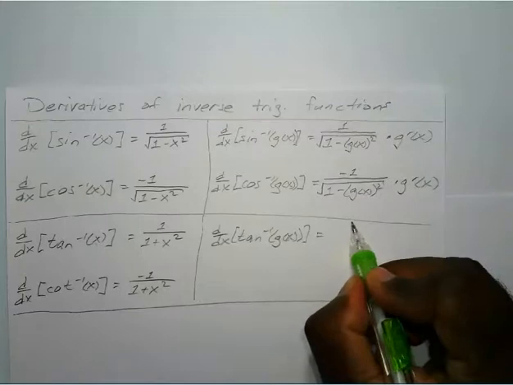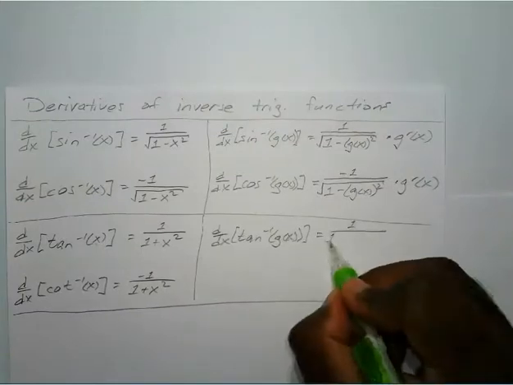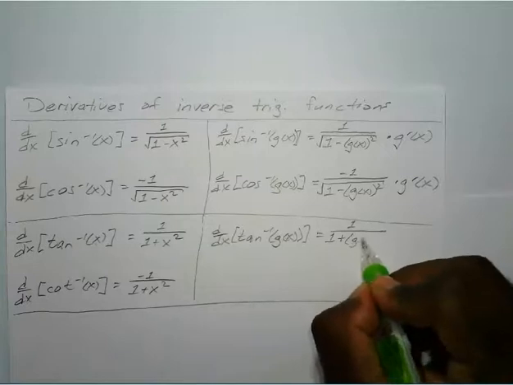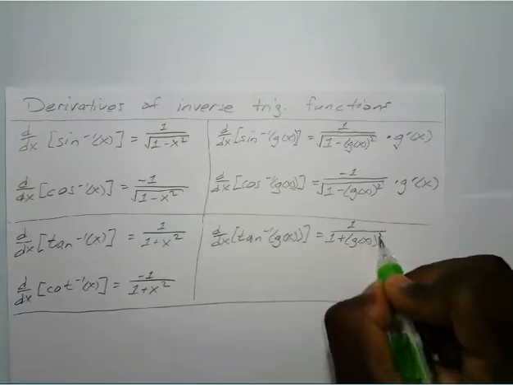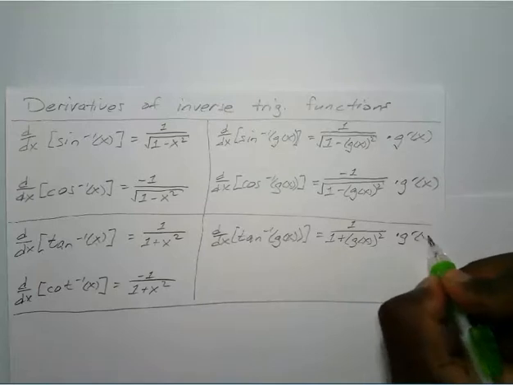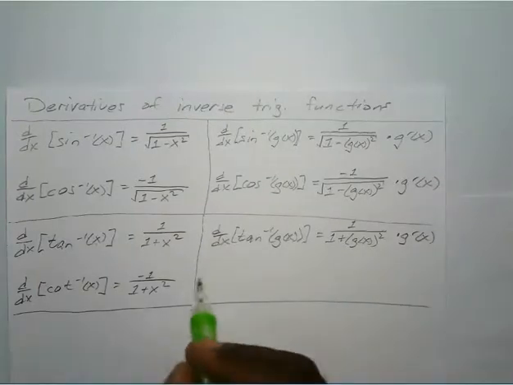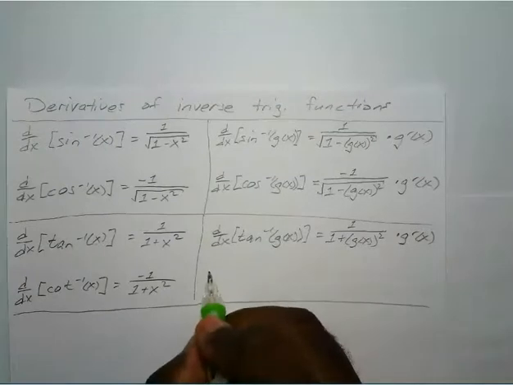Then that is just going to equal 1 over 1 plus that function of x squared times the derivative of that function. Okay, same thing with cotangent inverse.